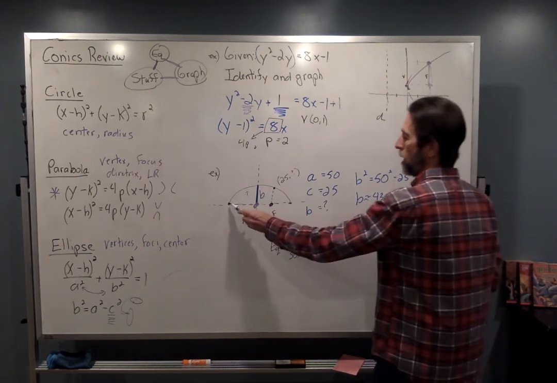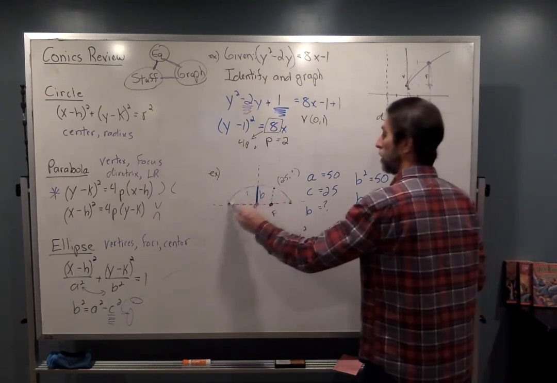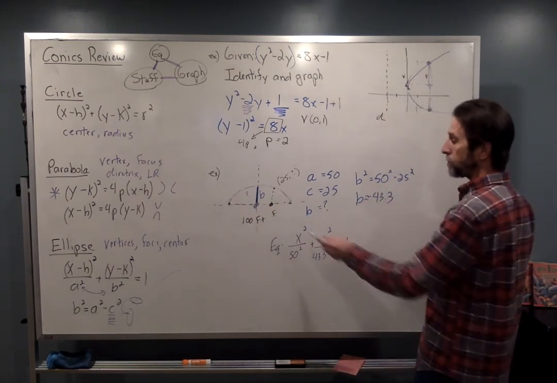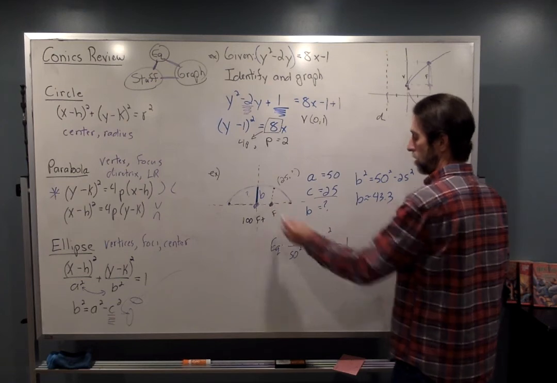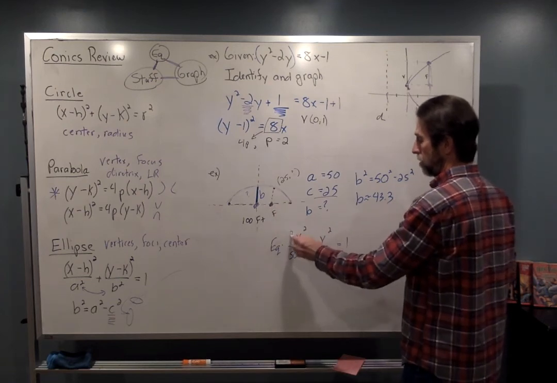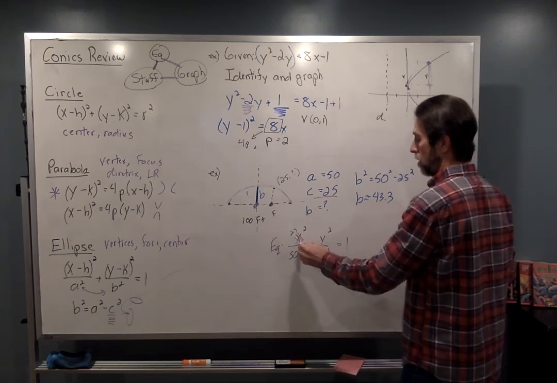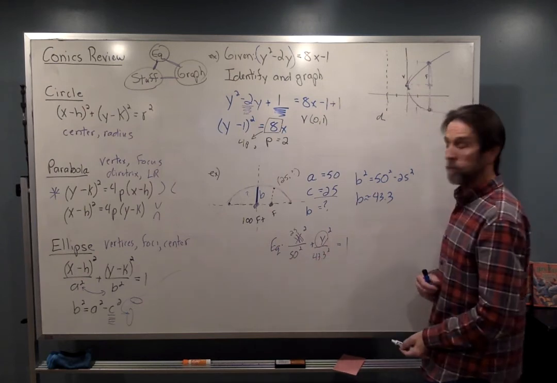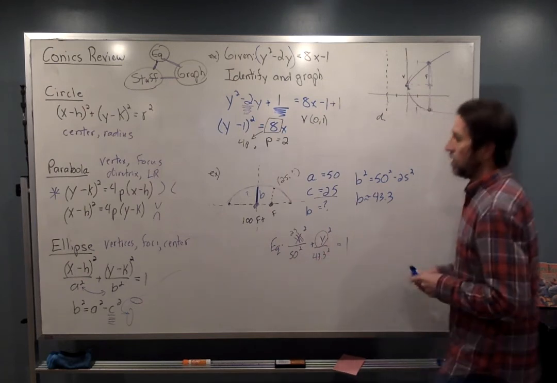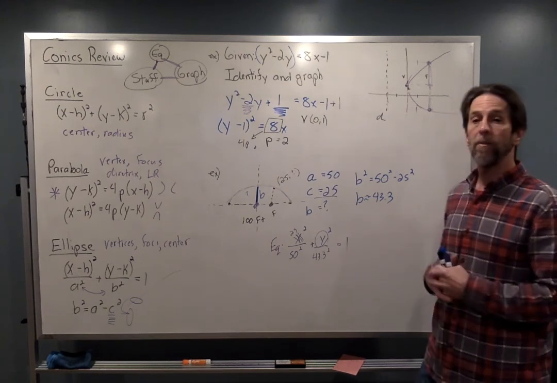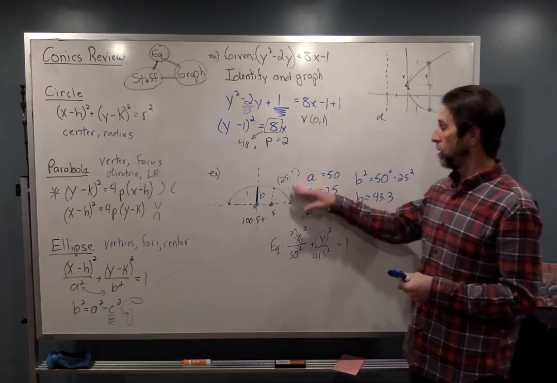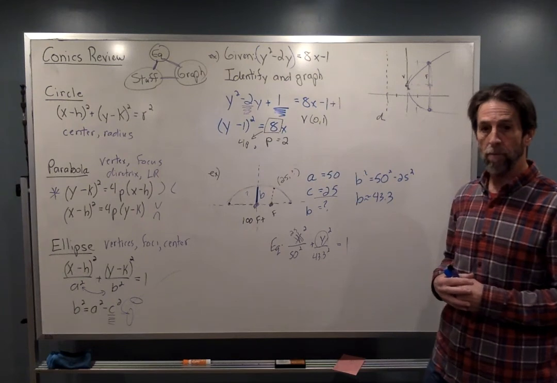So that would be the equation of this semi-ellipse. Now, if I put 25 in for the x value, I can go back and find y. That would give me the height. So once we have the equation, we can do a variety of things. But many times, we don't even need the equation. It's just this relationship between A, B, and C that we're testing.